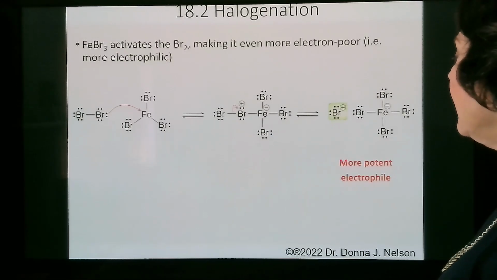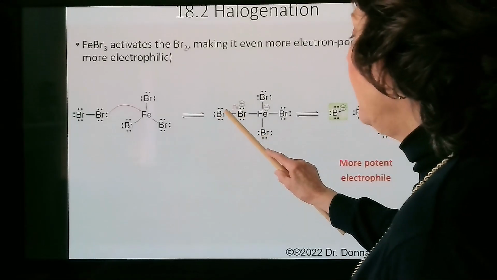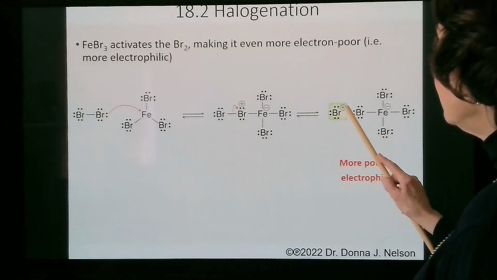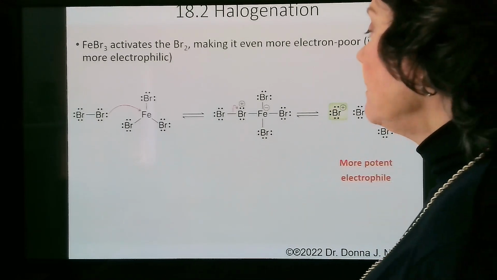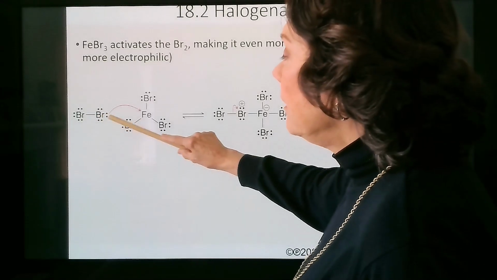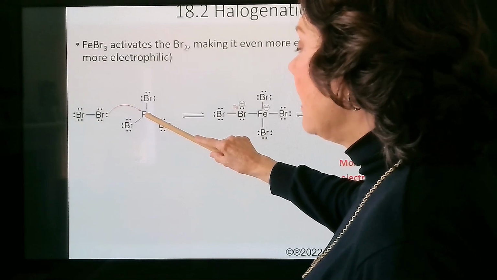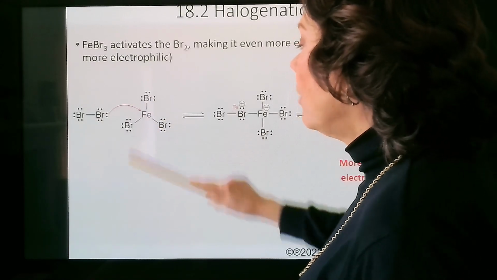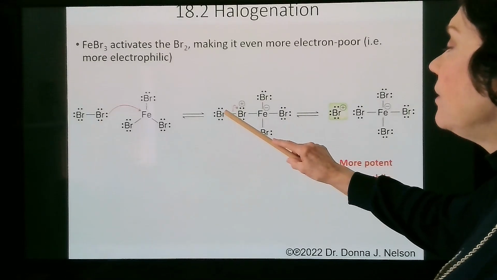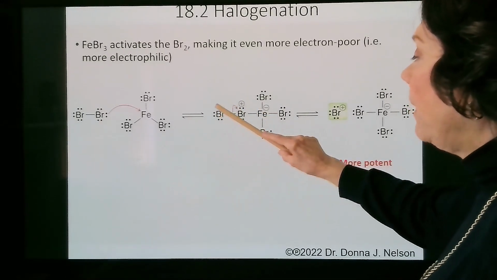So here is how the molecular bromine becomes either polarized or furnishes a bromine cation. So you have the molecular bromine. Here's a pair of electrons which attacks the iron of the iron tribromide. Now you can see in some cases it's enough just to polarize this bromine.